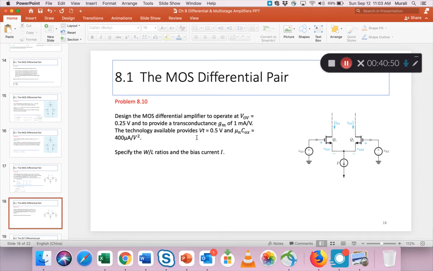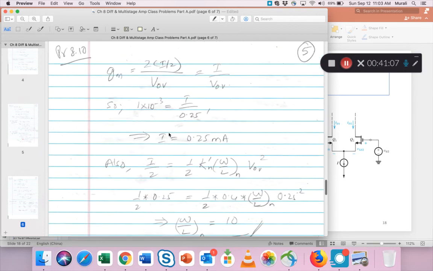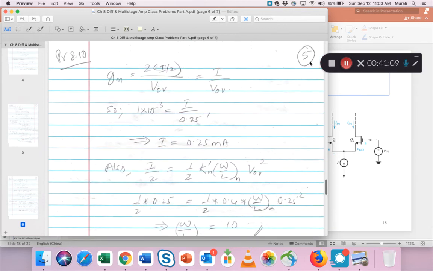The technology available provides VT and this mu and COX as given. So basically we need to find two things, the W by L ratios and the bias current I. So how would you do this? This is problem 8.10 on page 5 of my PDF.